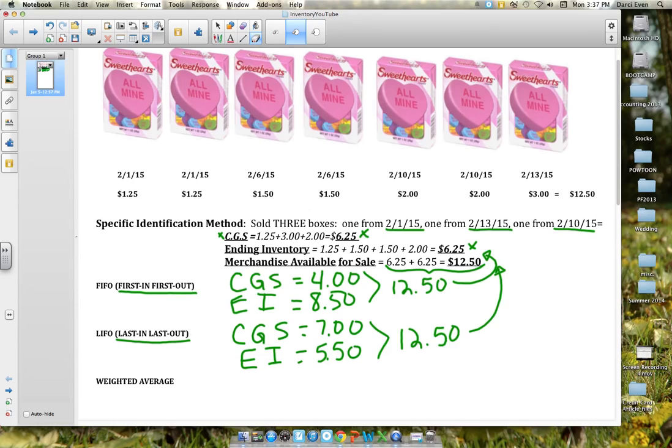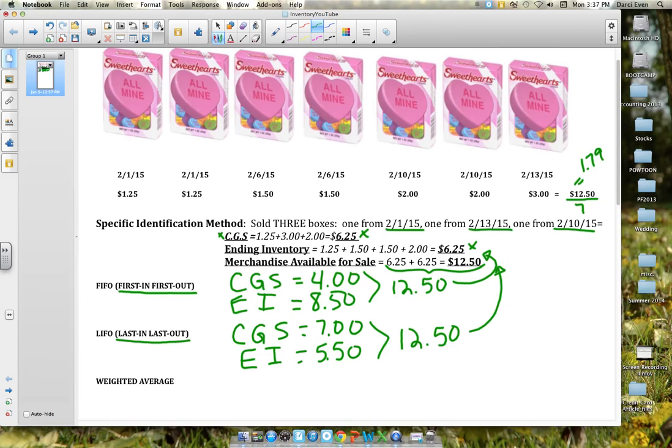And with the weighted average, what you want to do is find out, well, what's the average cost that we've been paying? And so if they cost $12.50 altogether, and we had 7 of them, I believe this comes out to $1.79, but let me check. Yes. So it comes out to $1.79 per item.